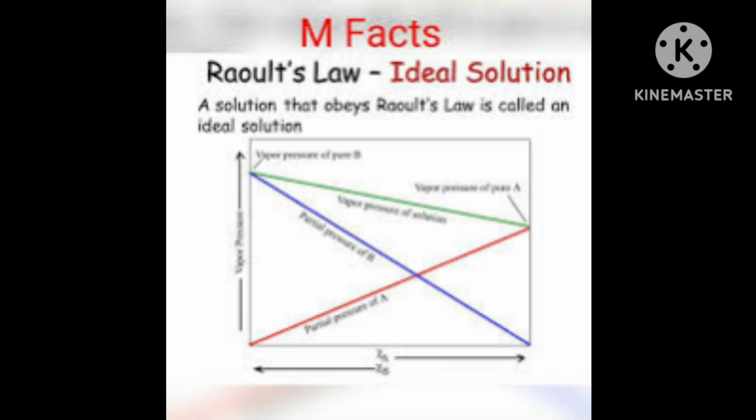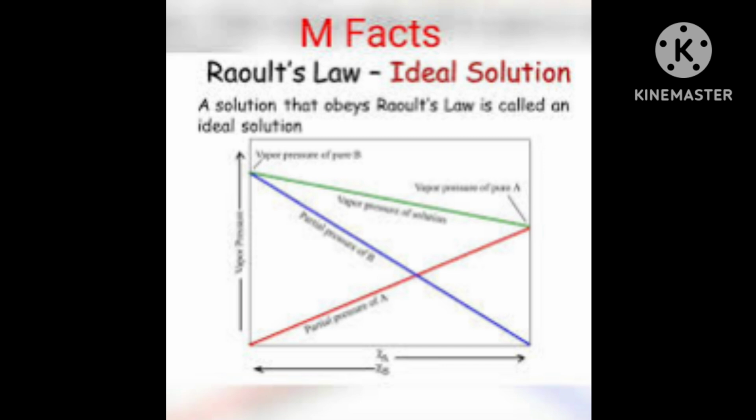These three conclusions I have discussed, and the diagram also. I have already told you that P total is equal to P1 plus P2, that is, P1 0 plus P2 0 is the total maximum value.